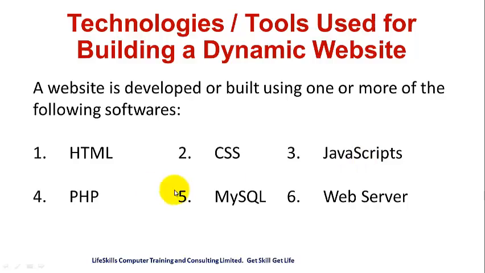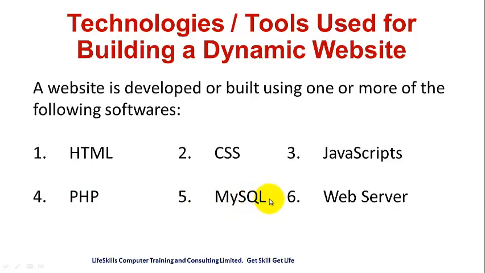We have PHP. PHP means hypertext preprocessor. It doesn't follow the acronym. Formerly it was called personal home page, but later the name was changed to hypertext preprocessor to reflect what PHP actually does. Now the number 5 technology is MySQL.